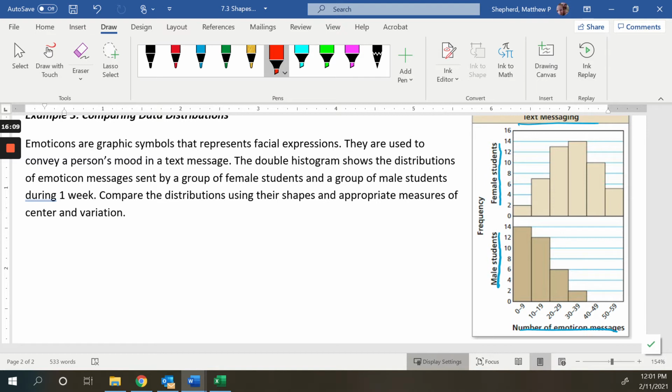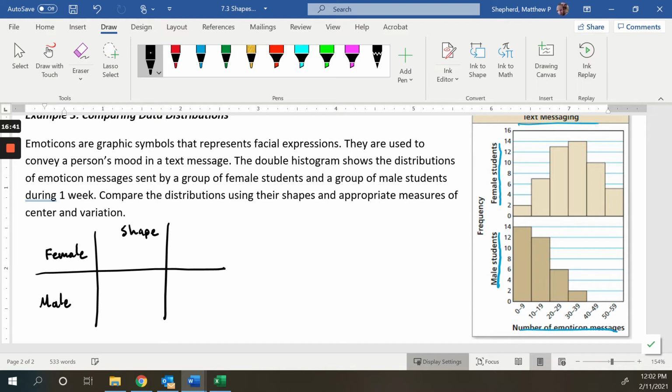All right, so here is what I am kind of getting from this. First, let's talk about shape. I'm going to move that over a bit. So they asked us to compare the shape. And we'll talk about female students and the male students.